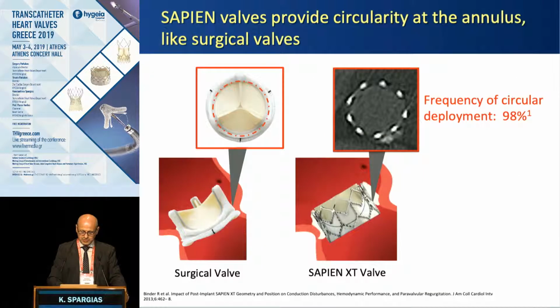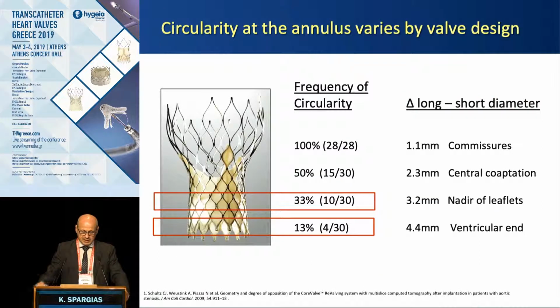So we're looking for a circular deployment if possible, and when we have a balloon-expandable valve like the Sapien, we have this in 98% of the cases. So at the end of the implantation, we have a circular alignment.